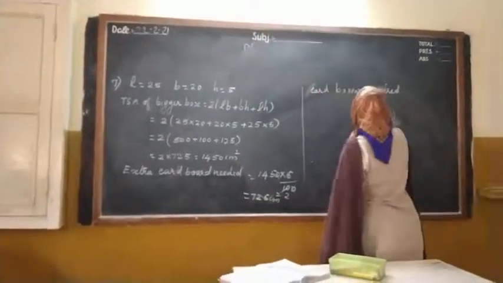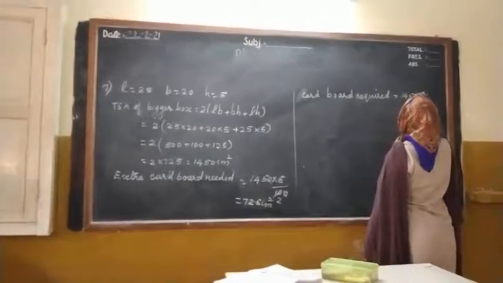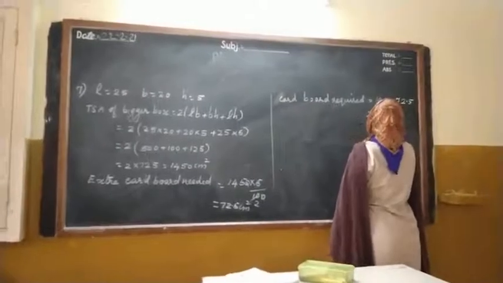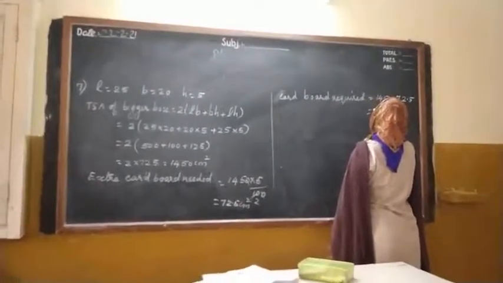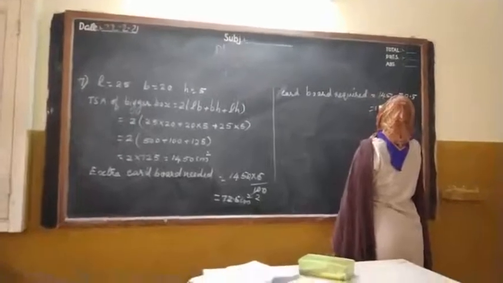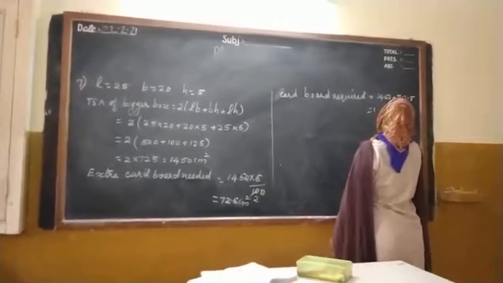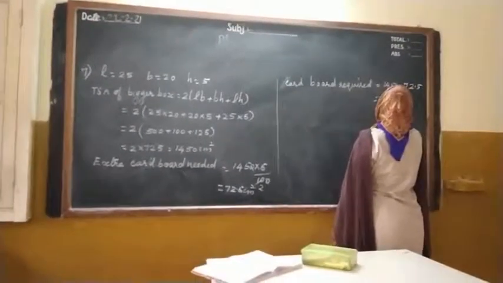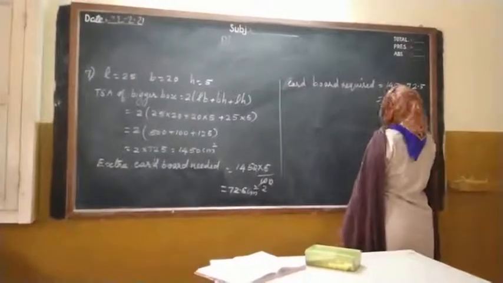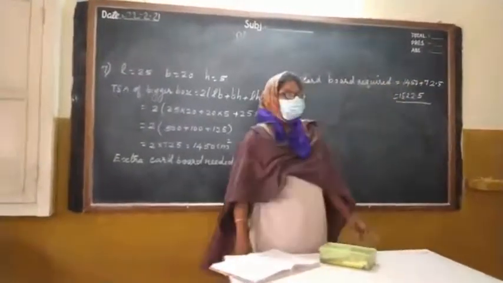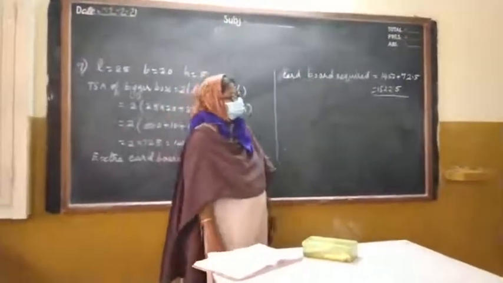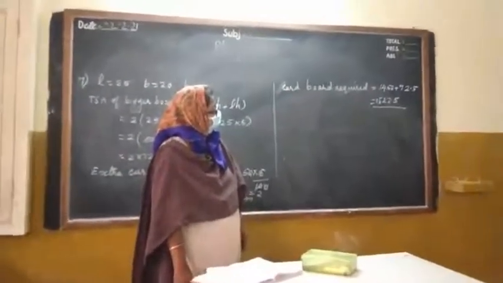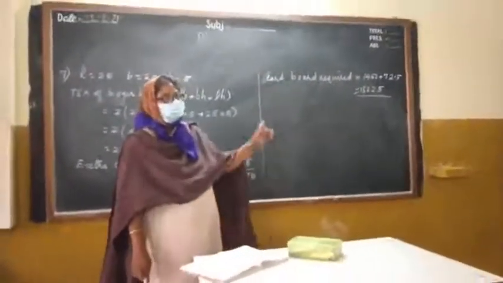Is equal to 1450 plus 72.5, that is 1522.5. Addition, yes, that is right. Okay. That is for the first one.